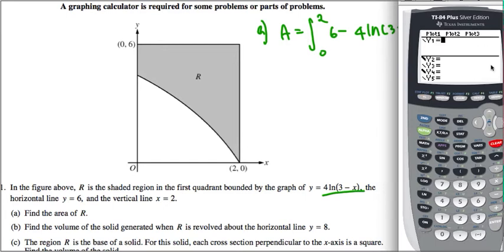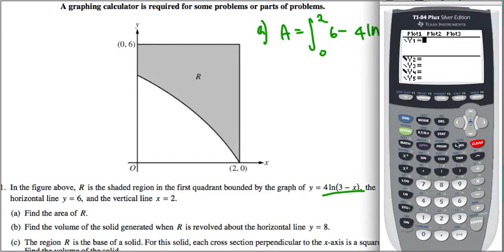Y equals, and then I'm going to write down 6 minus, actually 4 times ln of 3 minus x. Now, this one has to be from 0 to 2, so I'm going to set the window from 0 to, I'll just go for maybe 3.